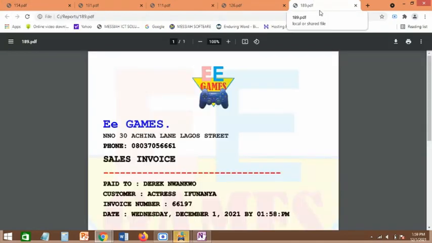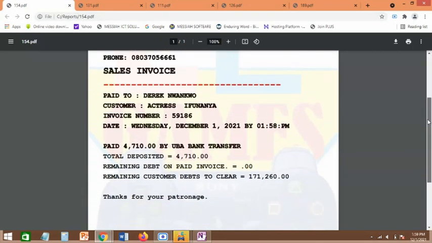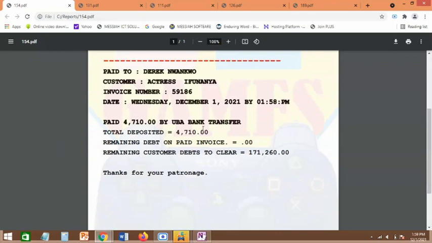Okay, 1, 2, 3, 4. 4 different invoices. Okay, the fifth one is still coming up. So this is automated payment. It calculates by itself where the money should stop and the number of invoices it will cover, starting from the earliest one.